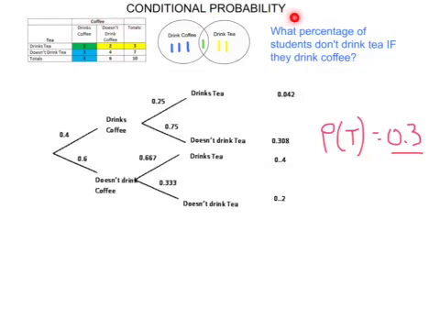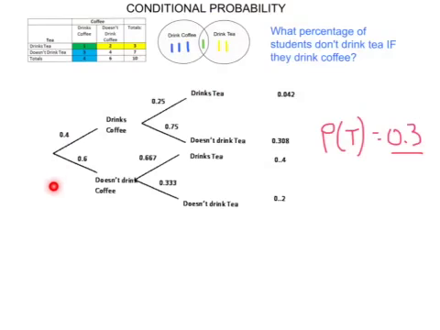Now that's the condition. We're interested in one event, drinking tea, but if we consider the overlap with coffee, we can consider it as something occurring beforehand. For example, the overall drinking tea is 0.3 for the 10 people in our class.